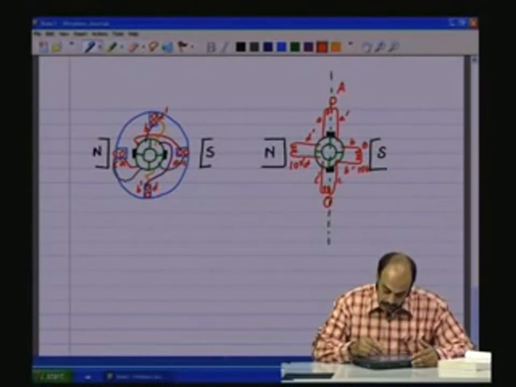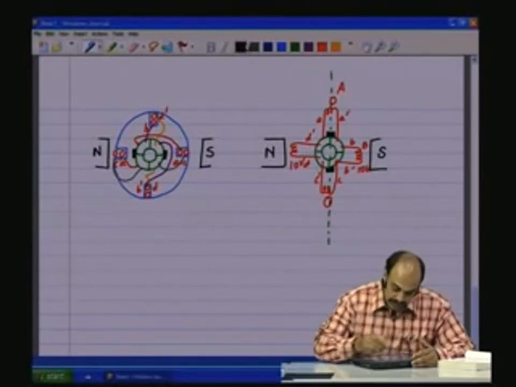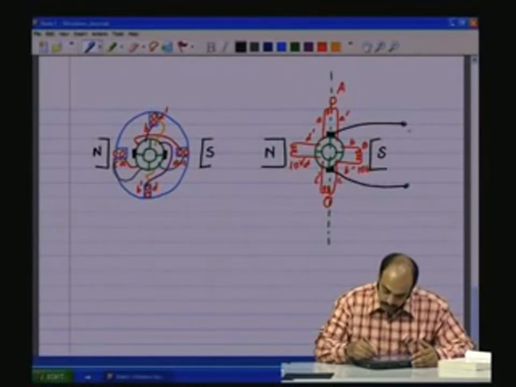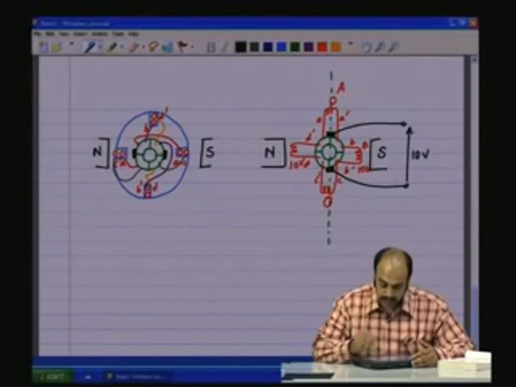So the voltage across the brushes would be, because these two are connected, the induced voltage would be 10 volts, because this brush is in contact with this commutator segment, and this brush is in contact with this commutator segment which is at B, therefore it is 10 volts.